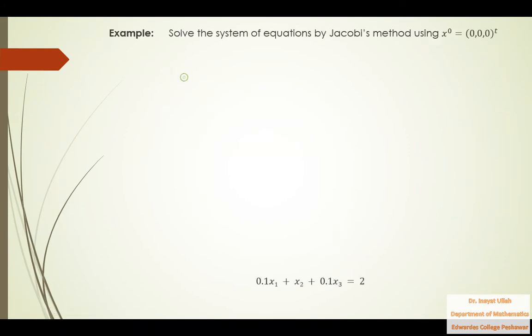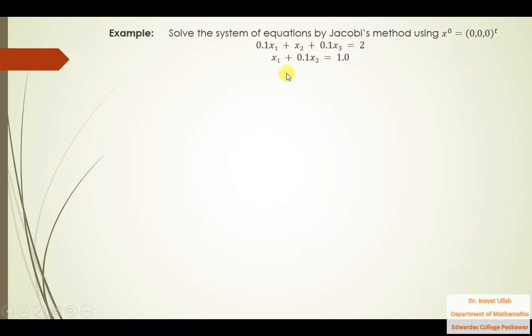The example is in front of us. Solve the system of equations by Jacobi's method using the initial iteration x0 as 0, 0 and 0. So the first equation given to us is 0.1 into x1 plus x2 plus 0.1 into x3 is equal to 2.